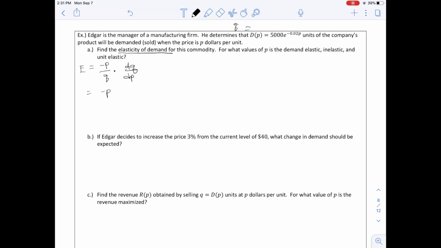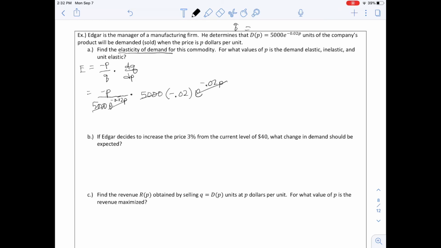And we also have negative p divided by q, and q up above is 5,000 e to the negative 0.02p, times dq dp, which is going to be 5,000 times the derivative of e to the negative 0.02p, so we have negative 0.02 times e to the negative 0.02p.